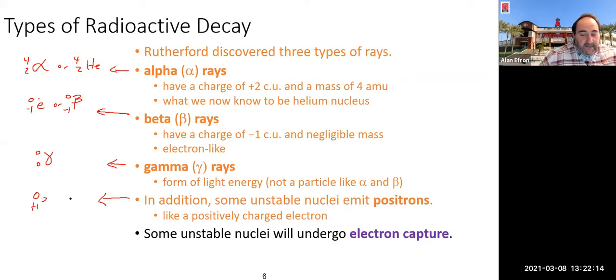We do use the same symbols there as the beta particles, but it is +1. So just to let you know, how do you know which one's which? Probably if you just see somebody write just that symbol, they're probably referring to the beta particle.